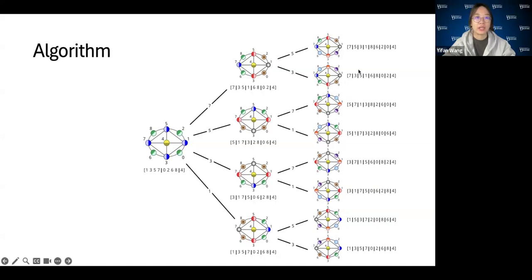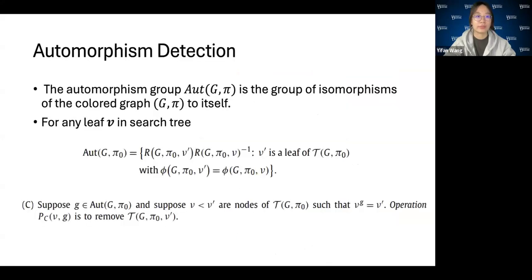Finally, at the leaf nodes at the bottom, we reach a point where the graph vertices have been fully individualized and refined. These leaf nodes represent the candidate canonical forms for the graph.